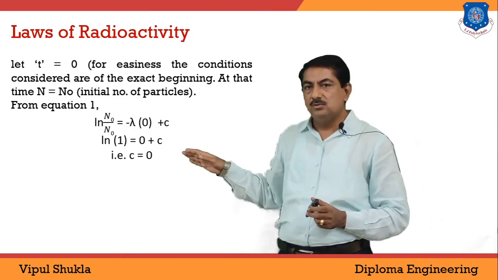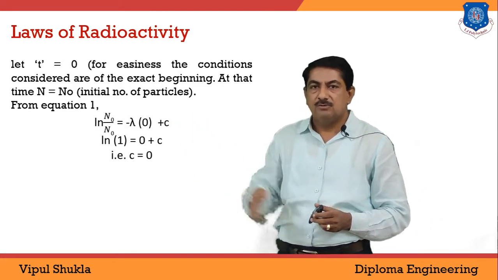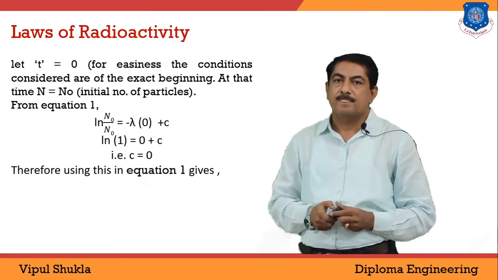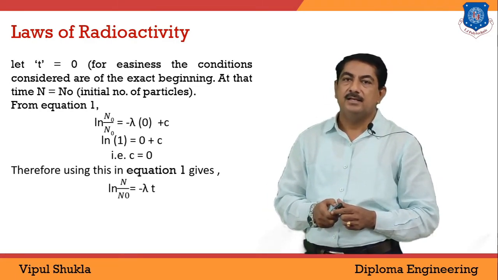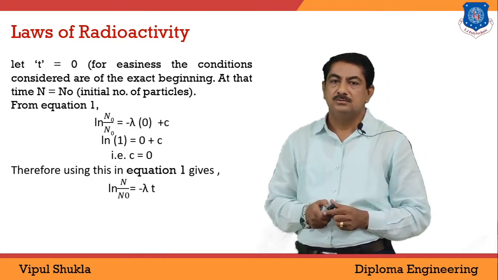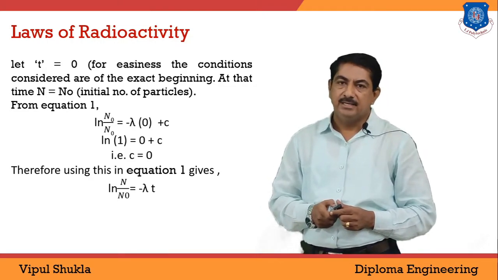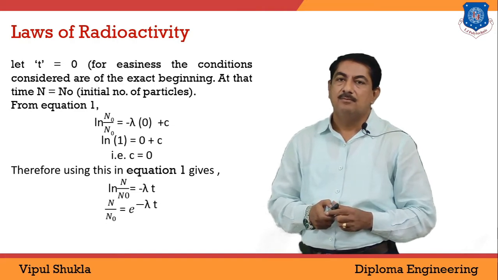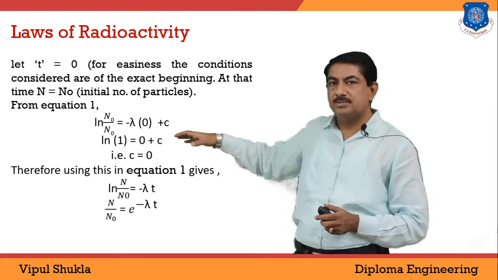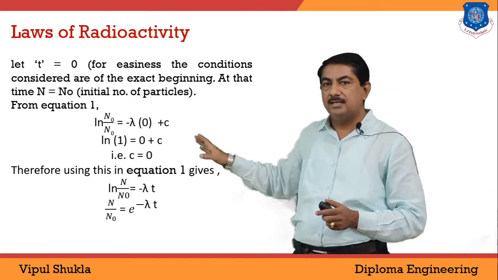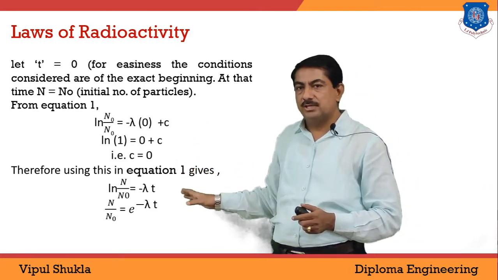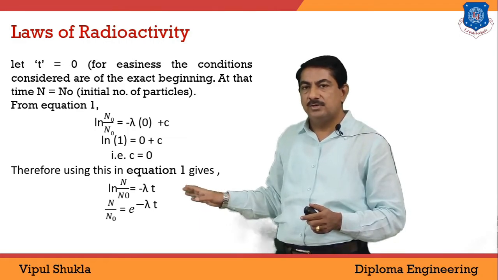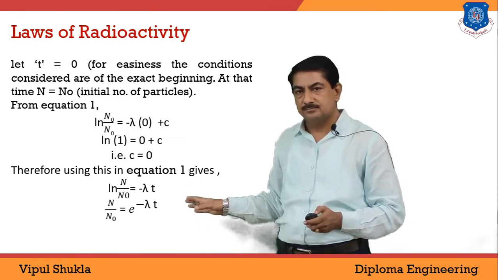Now putting c equal to 0 in equation number 1, we get ln N by N0 equal to minus lambda t. By removing ln, the new equation is N by N0 equal to e raised to minus lambda t.